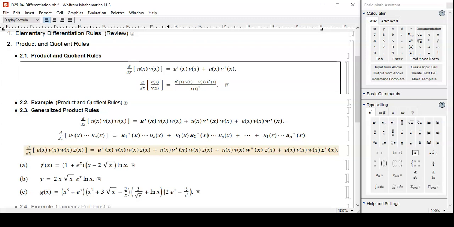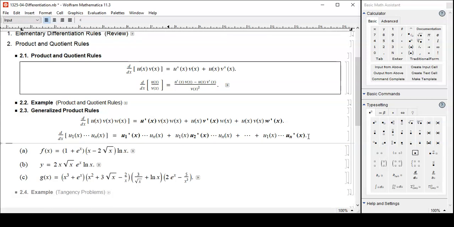So we have four bunches added, and each bunch has only one derivative, u prime, v prime, w prime, z prime. And 5, 6, 7, or any arbitrary number, you can do it like this. That's the way the generalized product rule works.